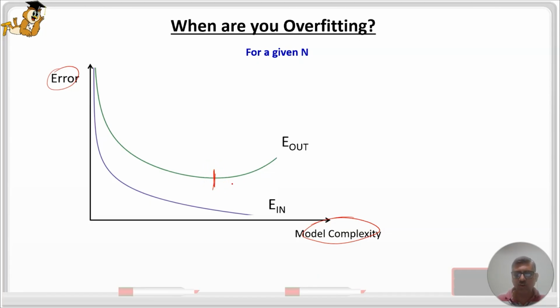And this is exactly what we saw in the earlier slide. This is the place where overfitting starts to kick in. So from this point onward, what you are really doing is overfitting the data. This is where you could say you're underfitting, and this is the ideal model complexity for that particular given n. So from the curves, you know exactly where overfitting is happening.